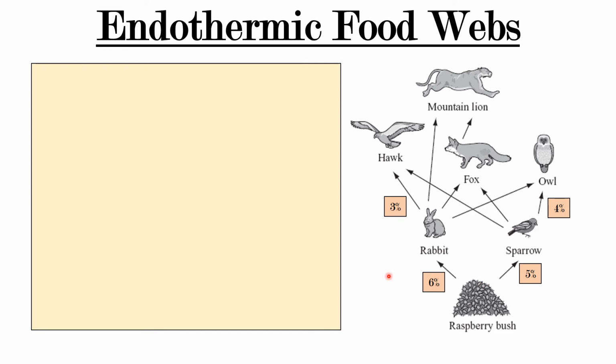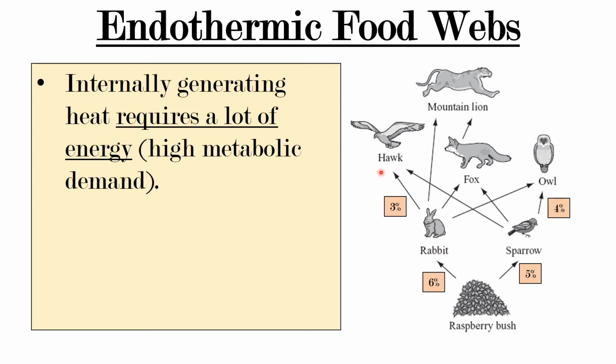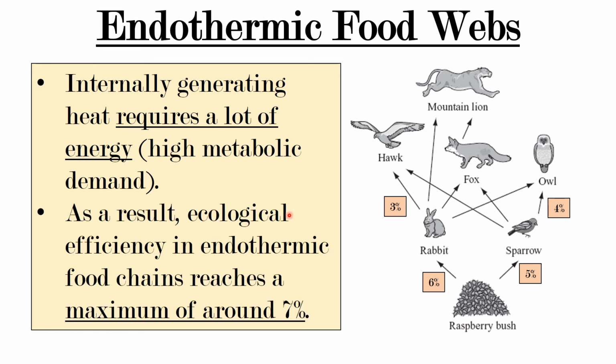The reason why for endotherms: if you're internally generating heat to keep yourself warm, that requires a lot of energy. So you've got high metabolic demand. You need to eat more, for one thing. A crocodile would maybe have one meal a month potentially, whereas mammals need to eat much more regularly than that.